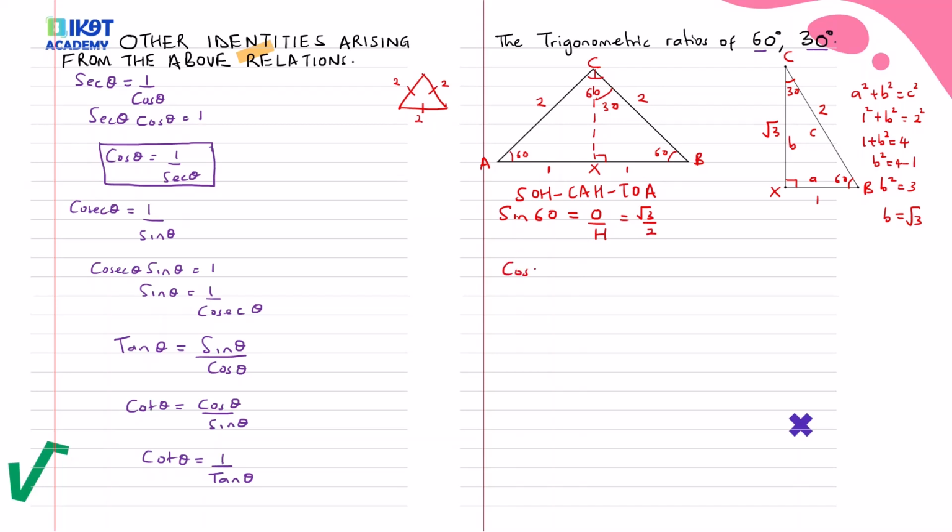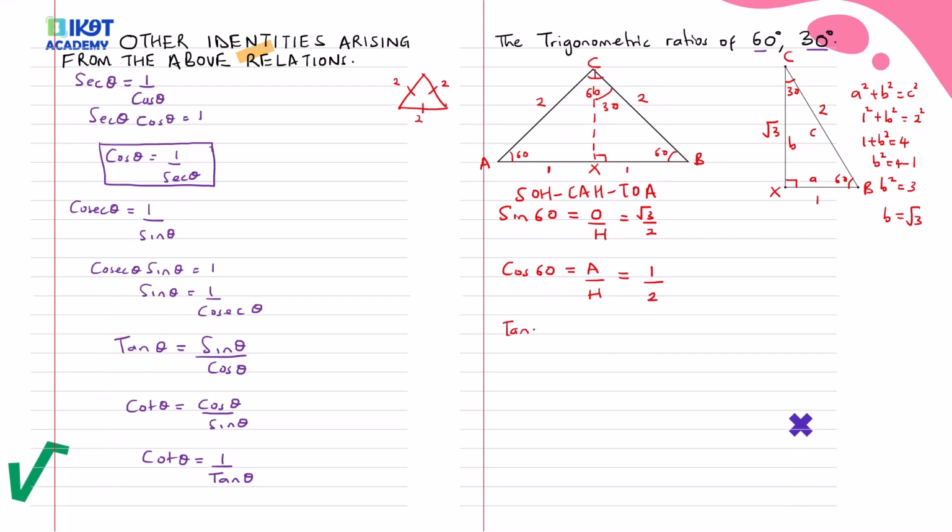Then now we go to cos 60. So cos 60 is going to be adjacent out of hypotenuse. The adjacent of this angle 60 is 1 out of the hypotenuse, which is 2. So cos 60 is a half.